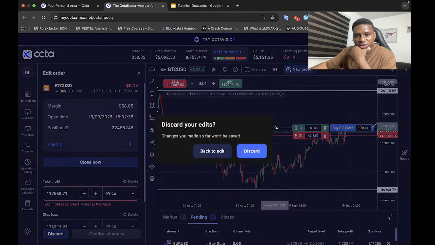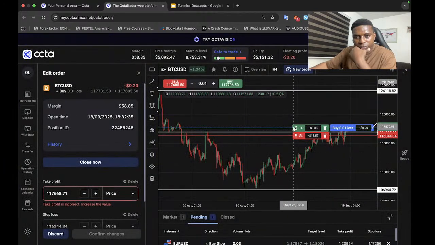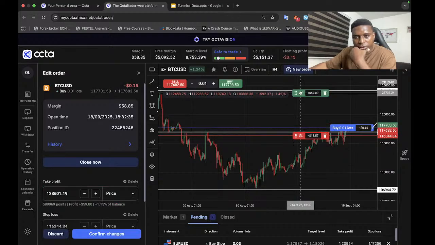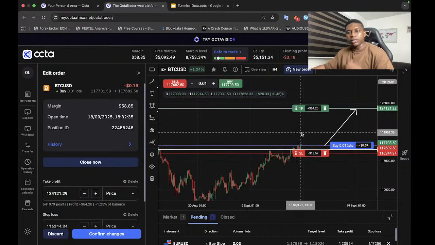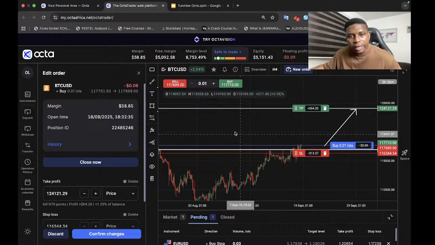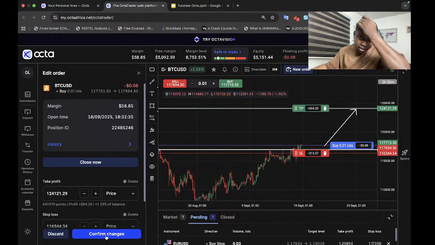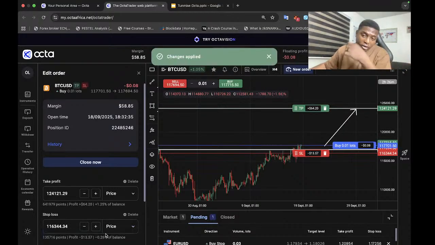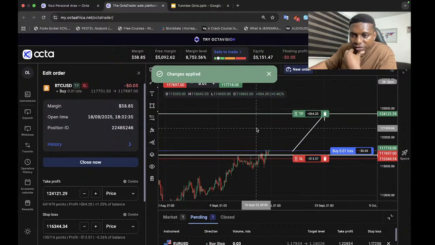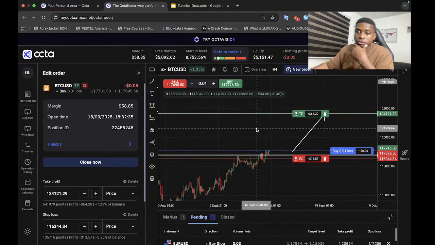On a 4 hours time frame, I'll set my take profit here. So I've set my take profit and my stop loss. My take profit is at 124,000.